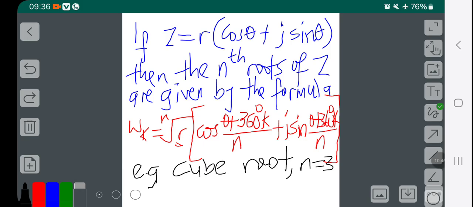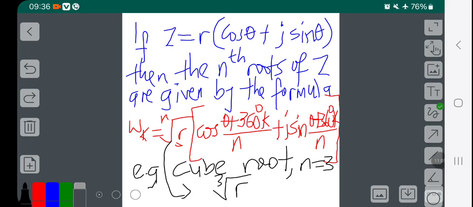That is the thing. So from here, you are going to say cube root of r, you place your 3, just simple like that. So your n is equal to 3, which means you need to find the cube root of r, which is the cube root of your modulus.